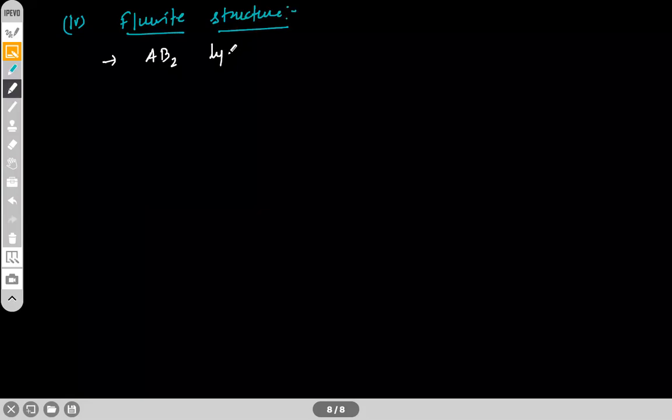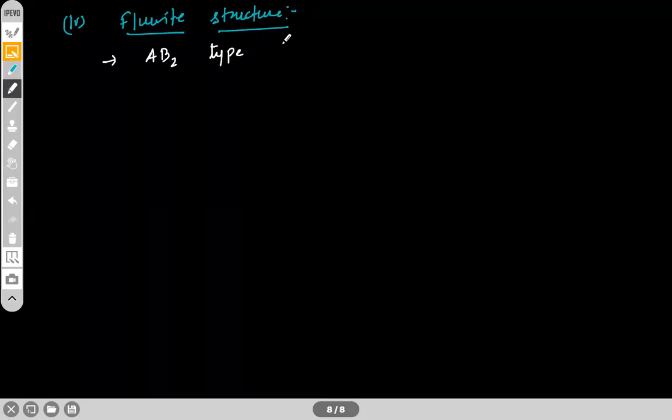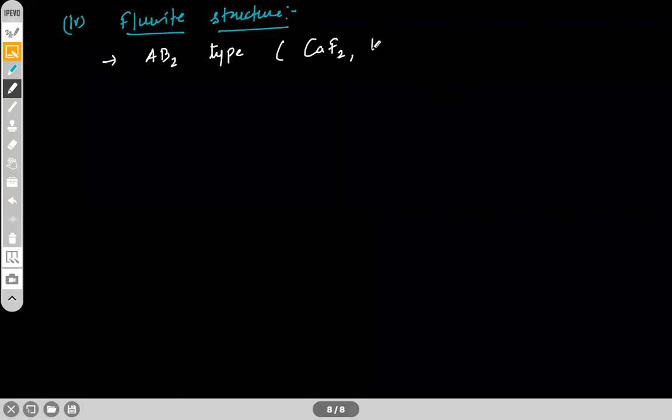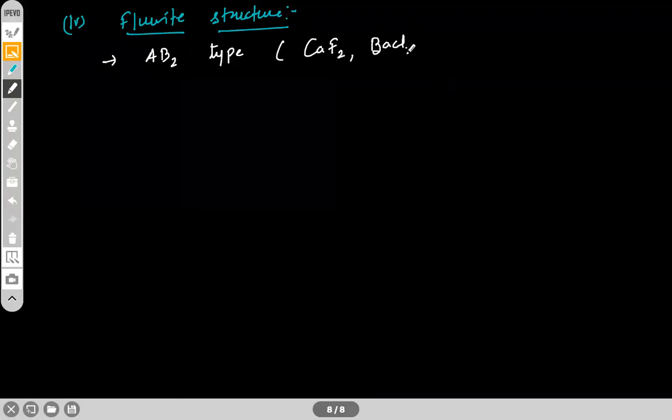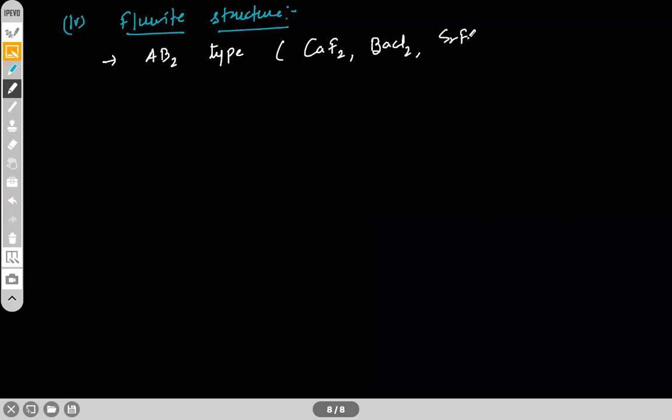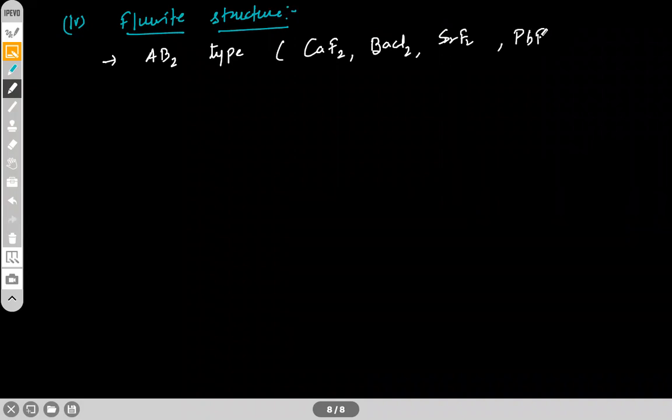An AB2 type molecule has this kind of structure. For example, we have CaF2. Questions on the fluorite type structure have been asked many times in the exam. We have CaF2, BaCl2, SrF2, PbF2, etc. All these are AB2 type molecules.